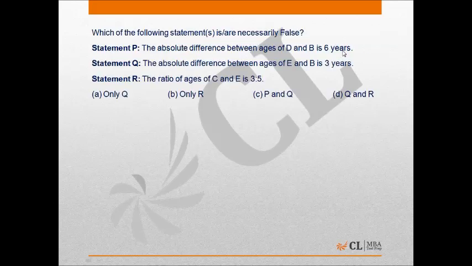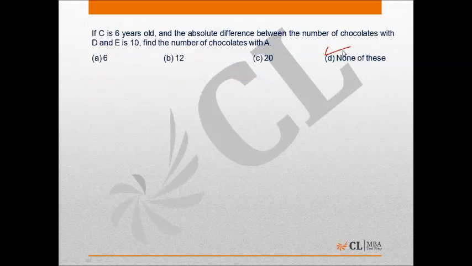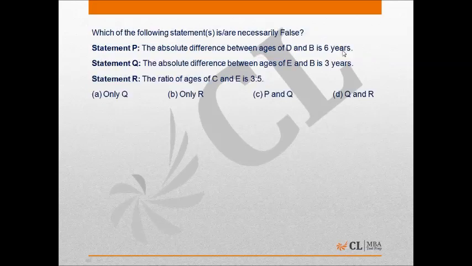Now let's move to the next question. Which of the following statements is necessarily false? The first statement is the absolute difference between ages of D and B is 6. Let's check whether it is possible or not.